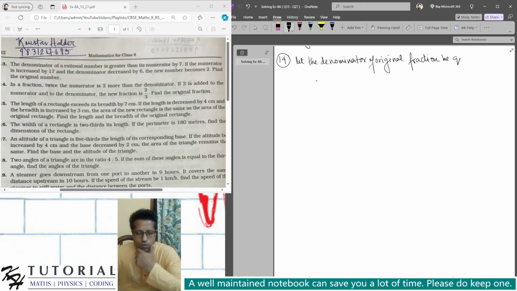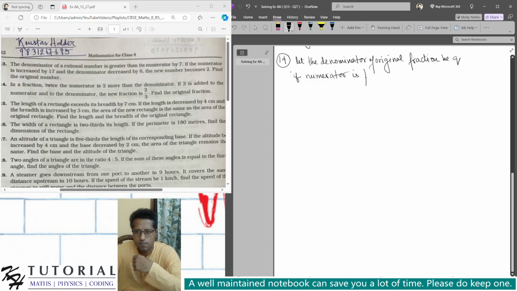Now what can we say about the numerator? Because there is a relation given. Let's say the numerator is p.